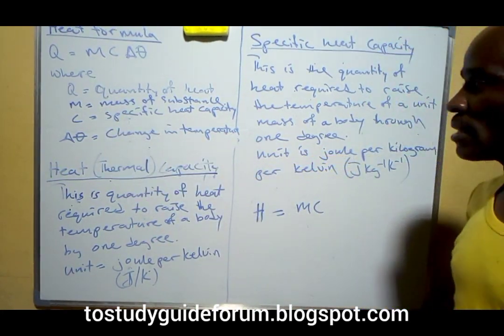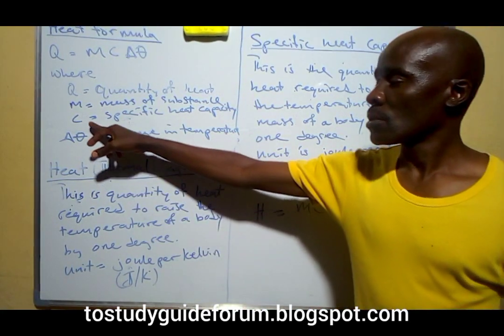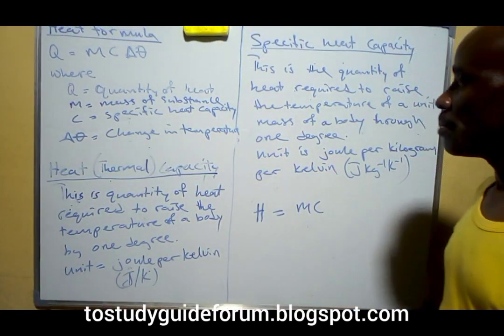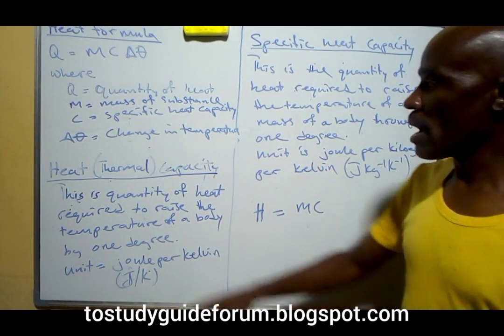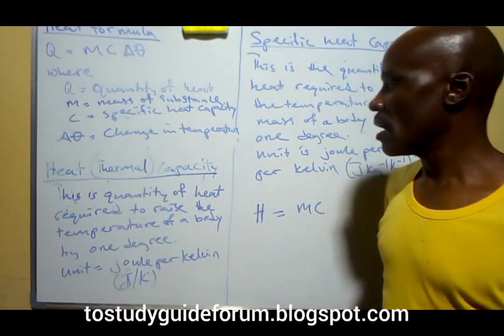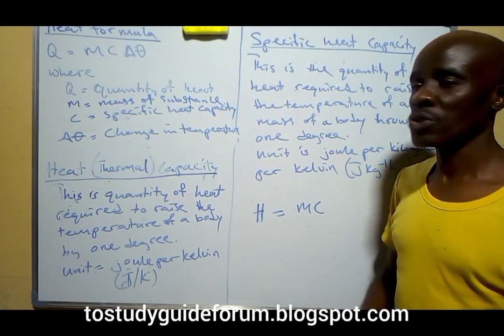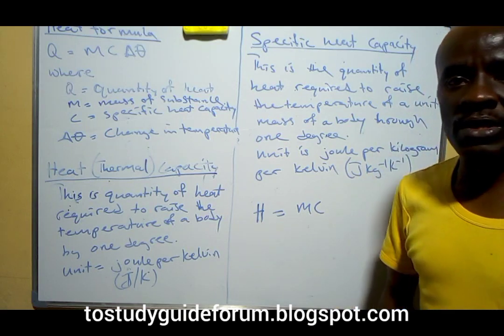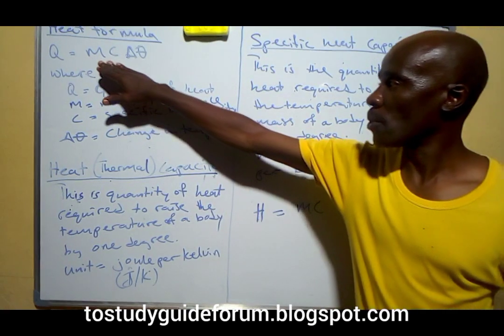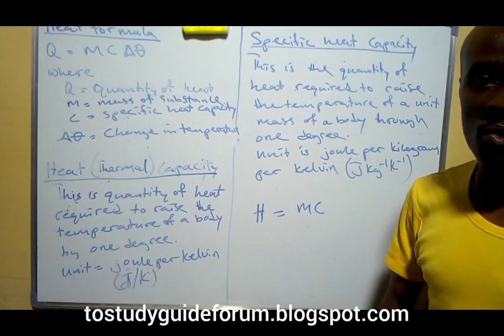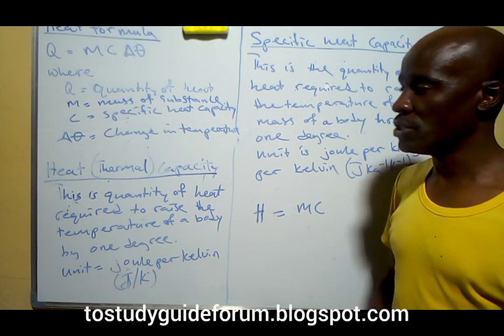The mass of substance, and then c as what? Specific heat capacity, while Δθ is what? Change in temperature. So for us to get the quantity of heat, all these things must be applied. Once you multiply them, you get your quantity of heat or energy.